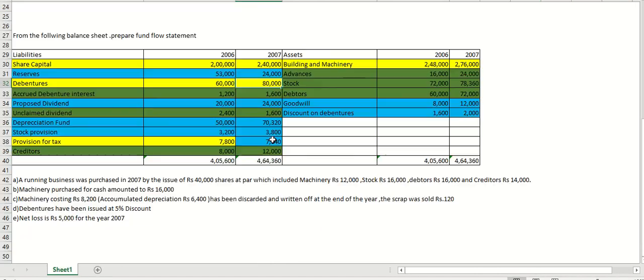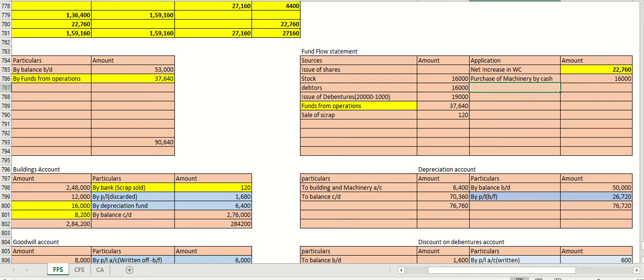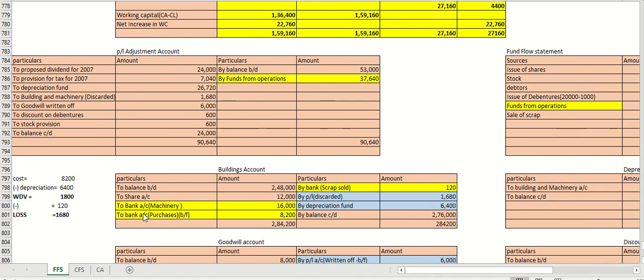So I again repeat, if you look into the question, the purchase of machinery by shares is 12,000, which we are not accounting for. I repeat, by bank to bank account purchases is 8,200, which is your balancing figure, that we will account it. To share account, which is 12,000, which you have purchased machinery by issuing shares, that we will not account it.